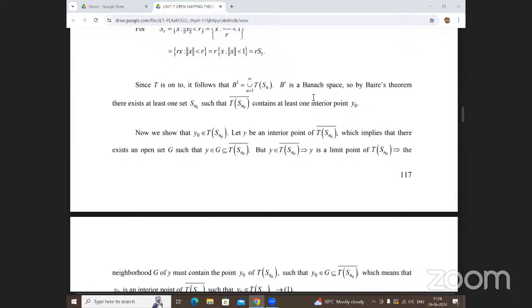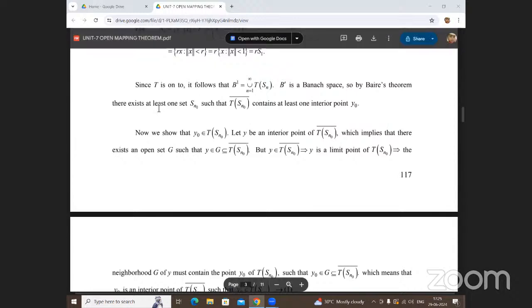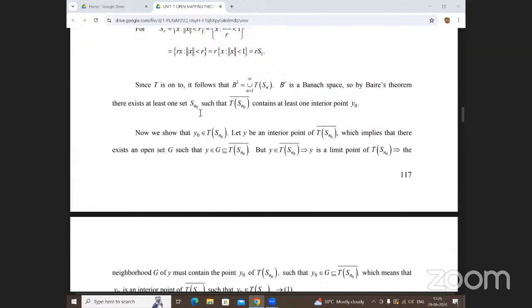By the Baire category theorem, which we have already discussed, there exists at least one set S_n0 such that the closure of T of S_n0 contains at least one interior point, y_0. So y_0 belongs to the closure of T of S_n0, and that is an interior point.